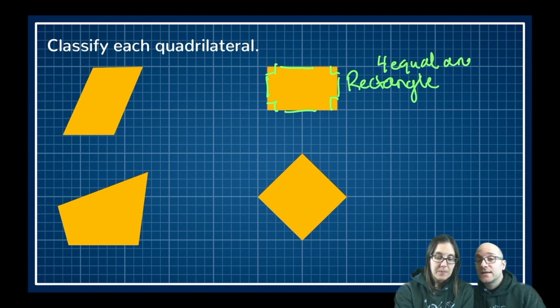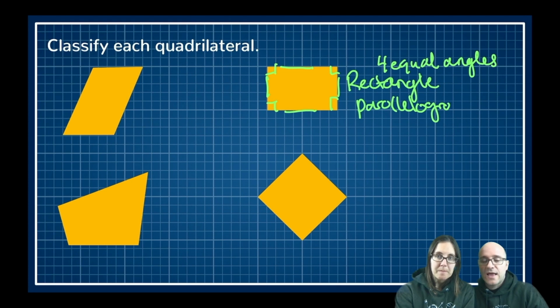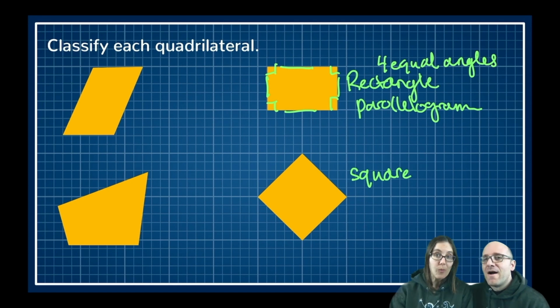So is it correct to call this a parallelogram? Yes, it is a parallelogram. But a more specific answer would be to call it a rectangle. And this one is a square and also a rectangle, also a parallelogram, and also a rhombus, if you want to call it that.